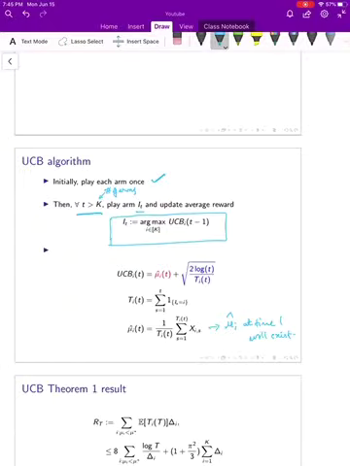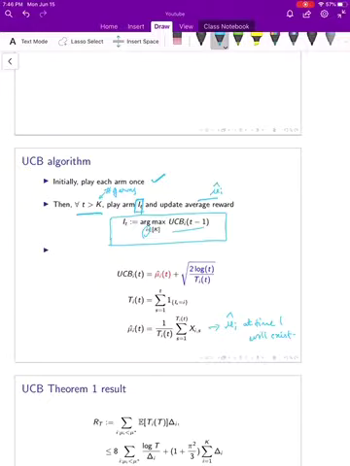It says we pick an arm i which maximizes this UCB_i(t-1) term, and the averages mu_i's will be updated after we play this arm I_t.